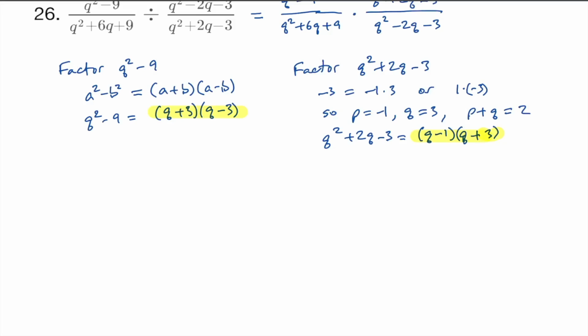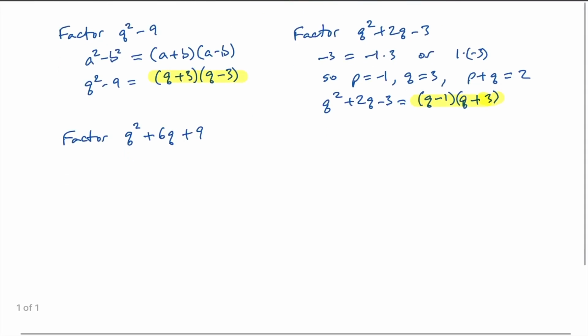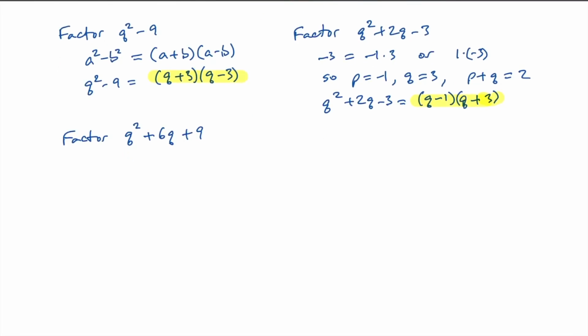Okay, so we need to factor q squared plus 6q plus 9. Another trinomial with leading coefficient 1. So we need to look at the factors of 9. And we can try 3 times 3 for 9.